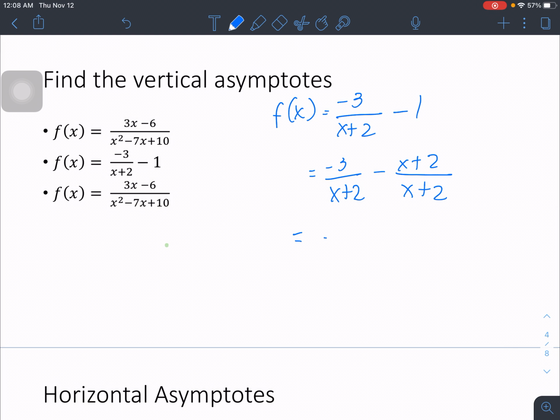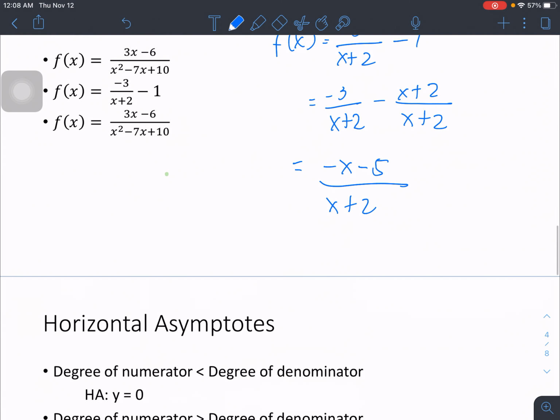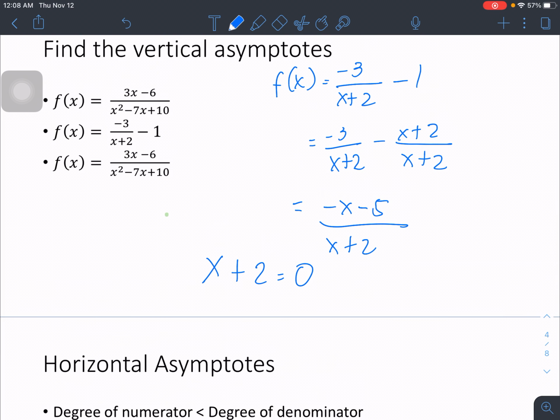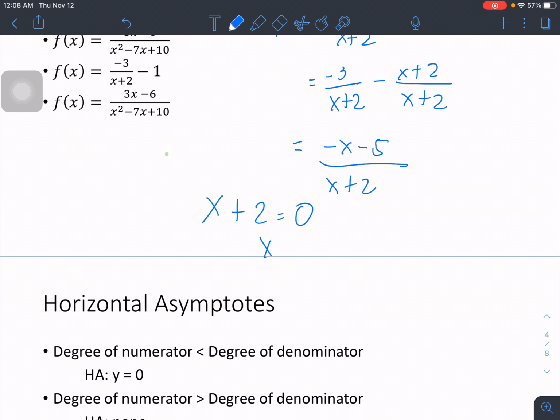So this will be negative x minus 5 over x plus 2. So this is already simplified. So we should get the denominator, equate it to 0. Okay, so x will be equal to negative 2. Hence, this will be our vertical asymptote.